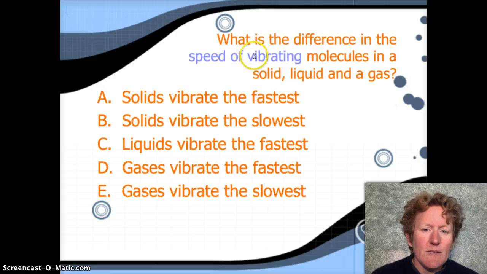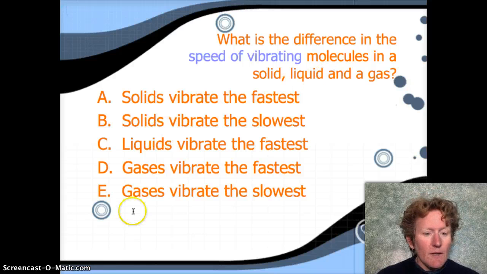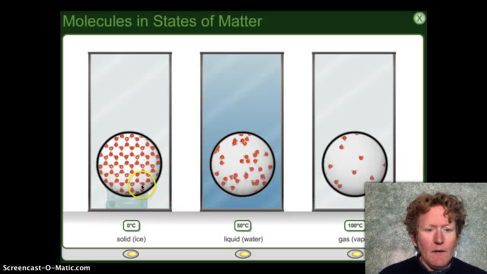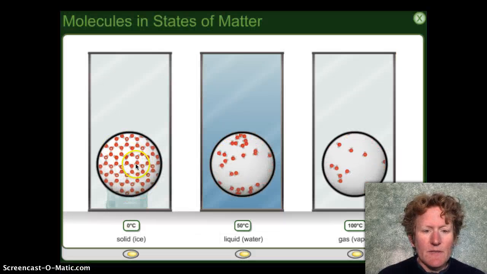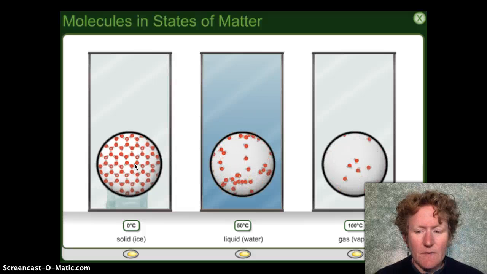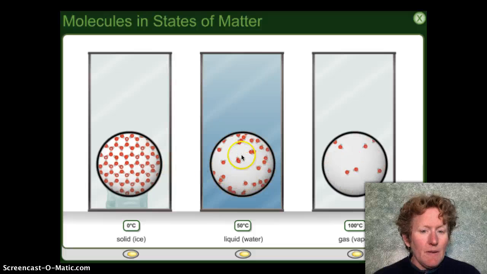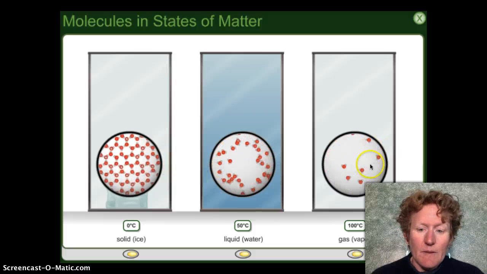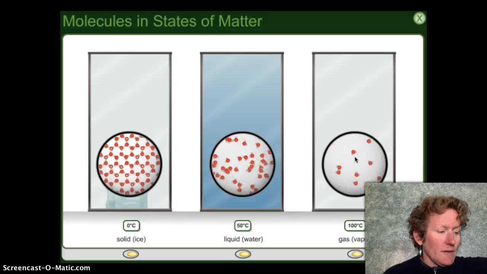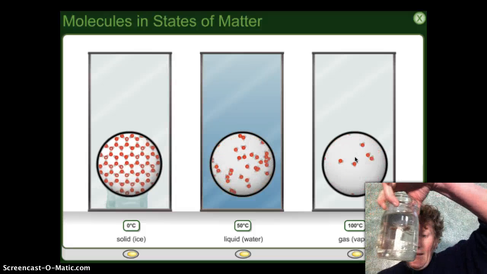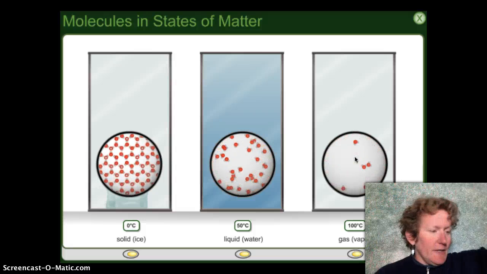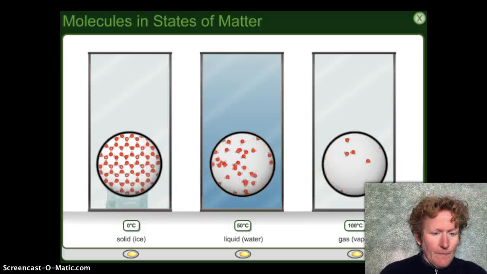What's the difference between the speed of vibrating molecules in a solid, liquid, and a gas? Well, if you look within the curriculum, you can see this. Here you can see that the molecules in a solid are vibrating very slowly, so they don't take on the shape of their container. But the molecules in a liquid or a gas can take on the shape of their container. Here's a liquid and a gas, and they're both taking on the shape of their container.